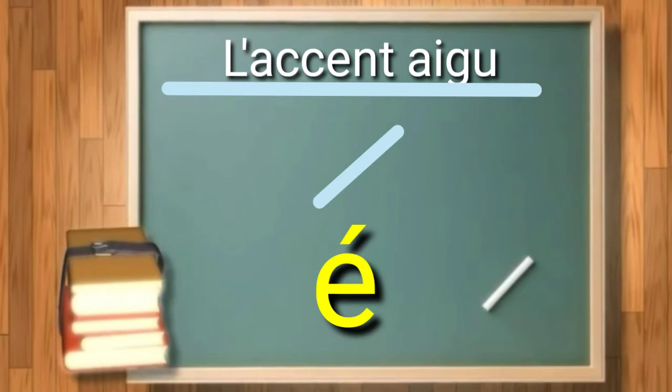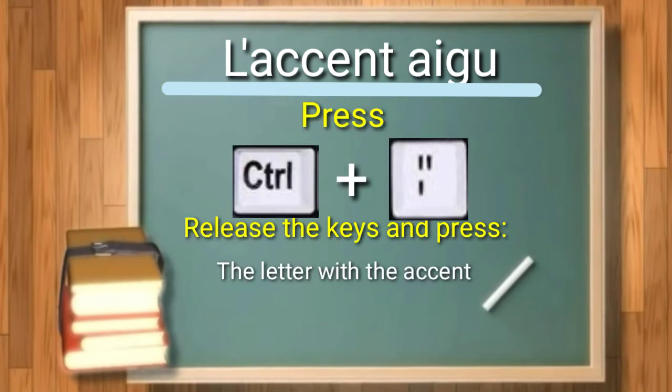Alright, now that you have located the keys on the keyboard, let's start typing, and we'll start with the accent aigu, as they call it in French. To type the accent aigu, it's a combination of two keys.